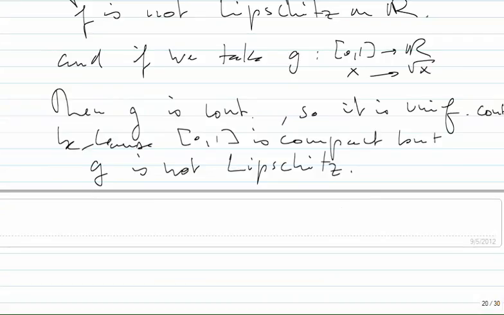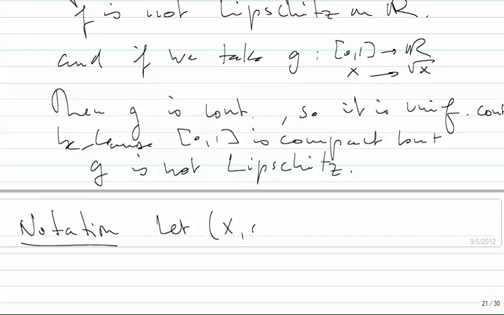Next, we look at the set of all continuous functions defined on two metric spaces. So first let me introduce some notation. Let (X, d) and (Y, rho) be two metric spaces.